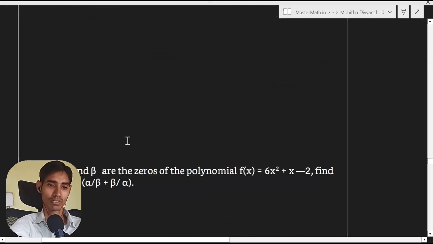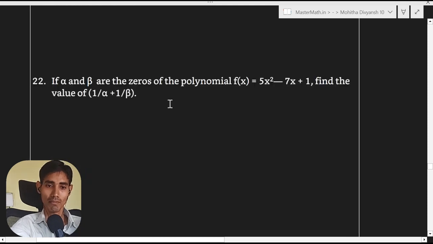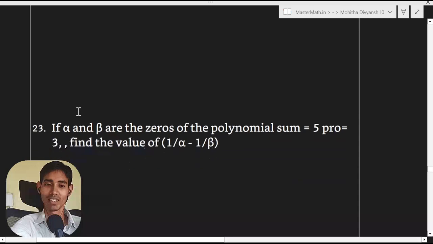Okay, 21, you try yourself. Not going to insult your intellect. 22 is, see, the quadratic polynomial is given, so you can find the zeros, just substitute the values. This one is easy. If the sum of zeros and product of zeros was given, again the alpha beta values we can find out from the polynomial and then substitute alpha beta.